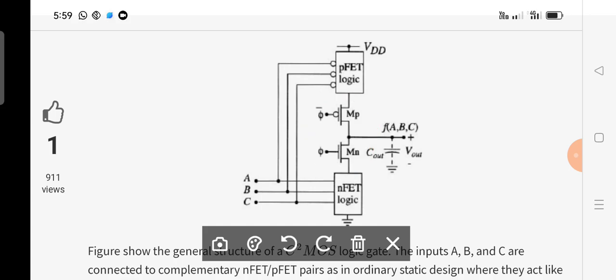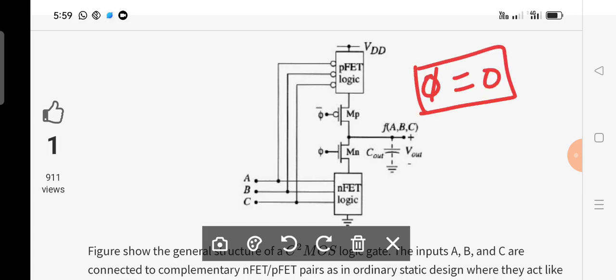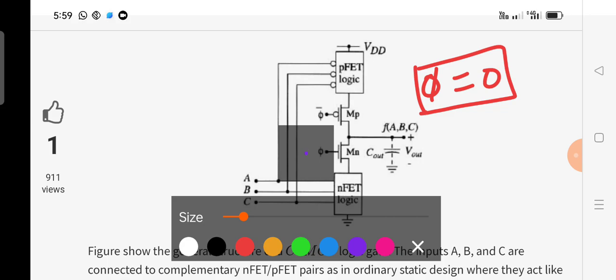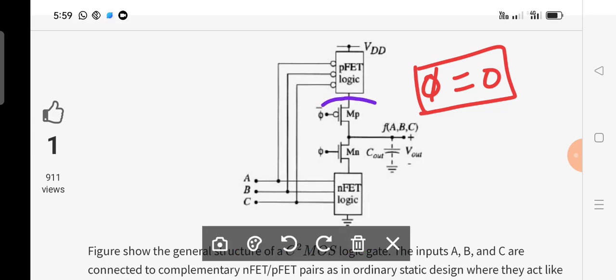Now you can observe very clearly, when phi is equal to 0, what is happening? Observe very carefully. These two transistors will turn off. Why? Because when phi is equal to 0, this is an NMOS, it will turn off. This is phi complement. When phi is equal to 0, phi complement becomes 1, then it is a PMOS, it will turn off.